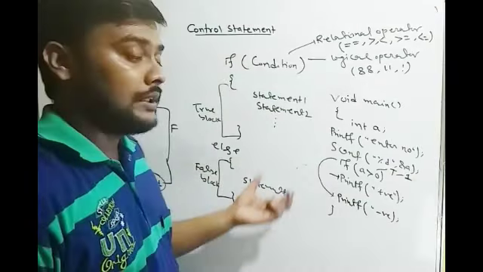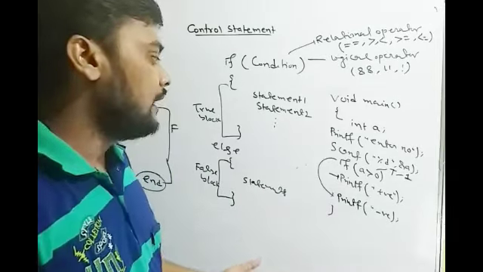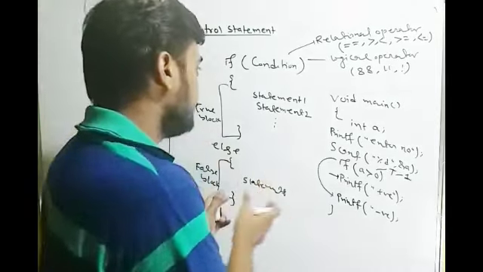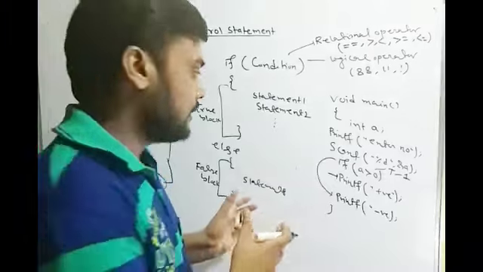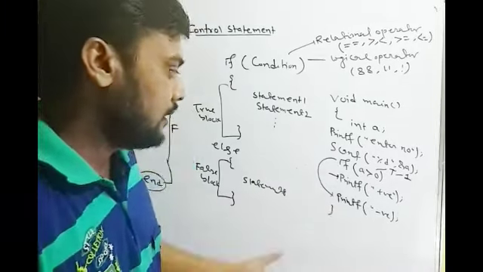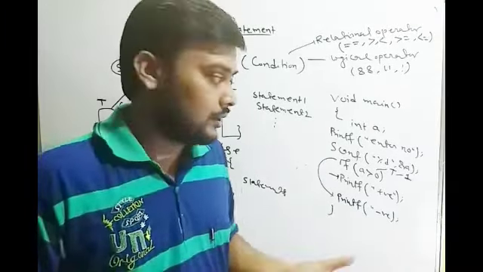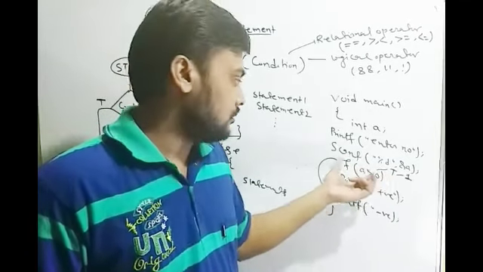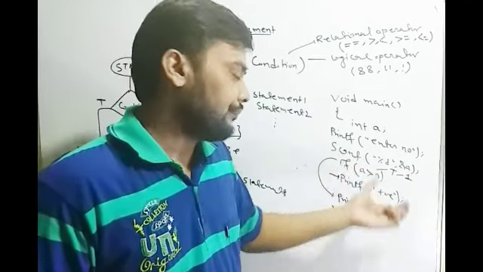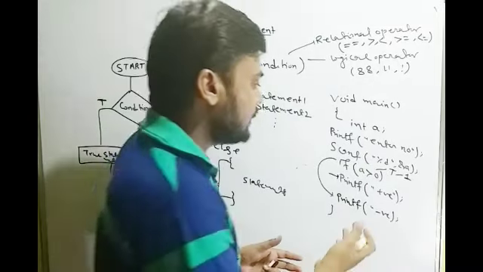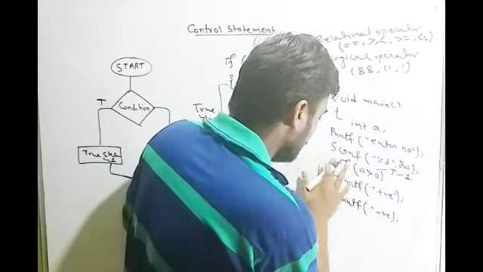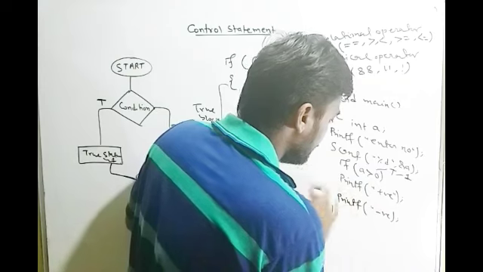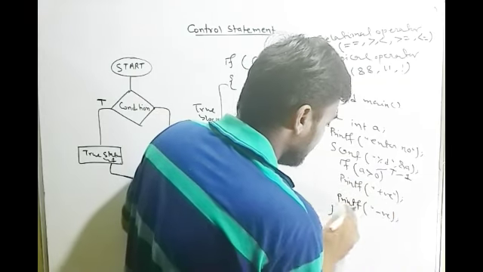That is actually the syntax of the if else statement. Here, for the number we took from the keyboard using scanf, if it is true, then it displays the printf statement.